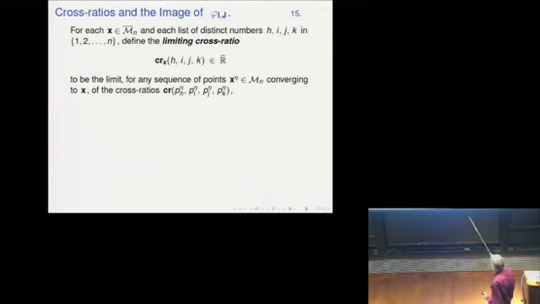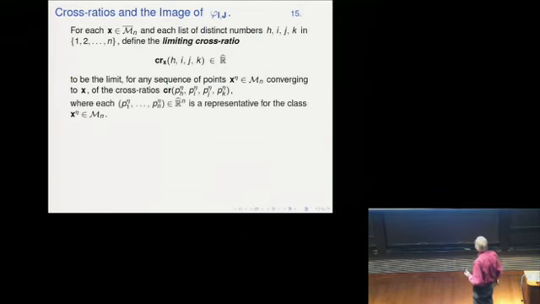So we just take 4 distinct points in any order. Then we can just take any sequence of points, Mn converging to a given point x, take the limit of cross ratios, and define this to be the limiting cross ratio.